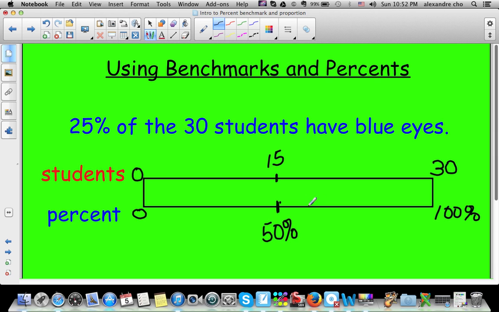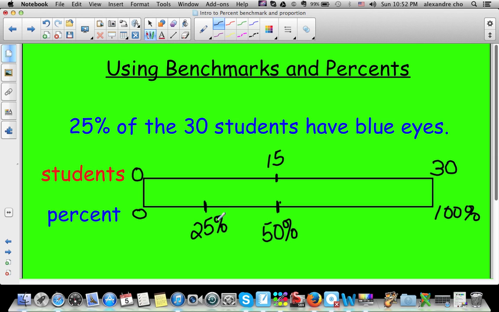Now let's figure out if we can get another benchmark. Well, if I know 50%, I also can find out what 25% is very easily. 25% is the half distance between 0 and 50. That's the other benchmark that I can locate. But notice that I needed to find the 50% first, or the 15 on the top first, before I go to the 25%.